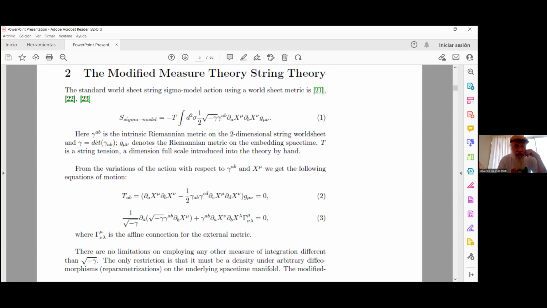Gamma is the determinant of gamma_ab. g_μν is the embedding space-time metric, and T is the string tension. The equation of motion is that the energy momentum tensor is 0, the energy momentum tensor in the worldsheet, obtained by varying with respect to gamma_ab. And the analogue of the geodesic equation is this.